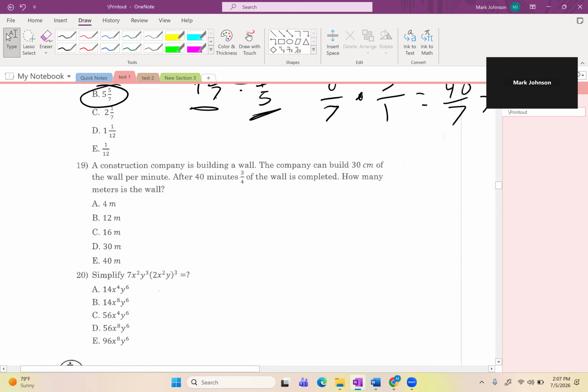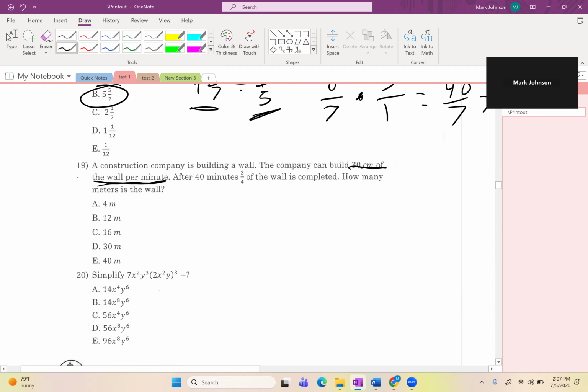A construction company is building a wall. The company can build 30 centimeters of wall per minute. After 40 minutes, 3/4 of the wall is completed. How many meters is the wall? Okay, so in 40 minutes, 3/4 is completed, and you can build 30 centimeters per minute.